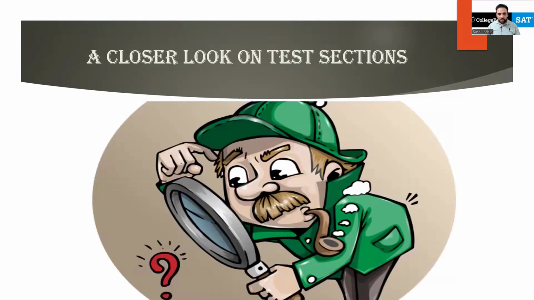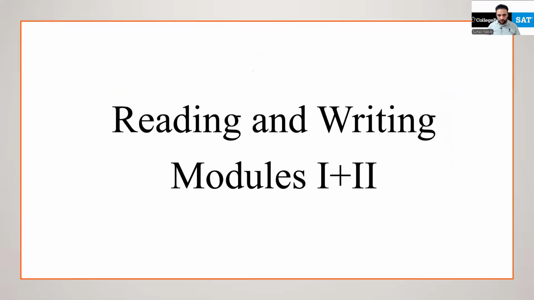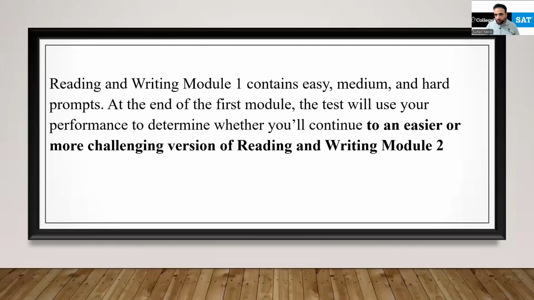Now, if we take a closer look at the test sections, we have two modules for the English section. Both of them are entitled Reading and Writing. So we have Reading and Writing Module 1, Reading and Writing Module 2. The first module contains a variety of questions: easy, medium, and hard. Why? Because in the second module, the difficulty of questions relies on your performance in the first module.